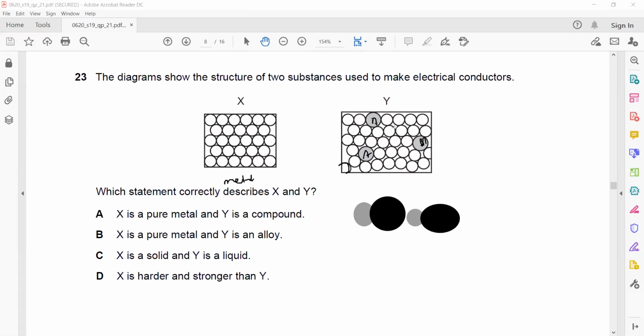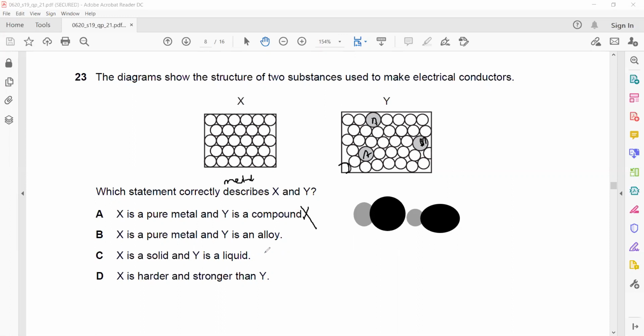That's why we cannot say compounds have a definite proportion of atoms, because atoms combine in a fixed or definite proportion to form a compound, but it does not look like a definite proportion. Some regions you have more impurity, some regions you have less impurity. So that's why statement A is not correct.